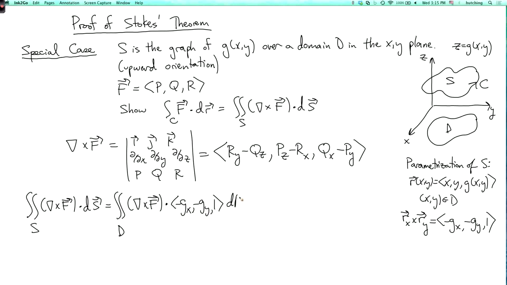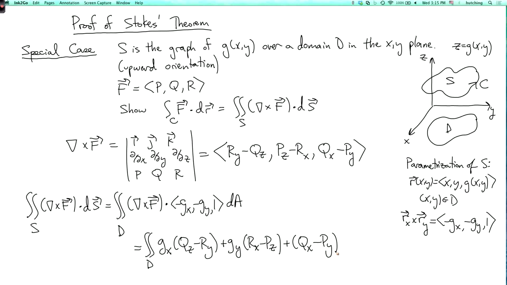So when we expand that out, this is the double integral over D of, so the first term is minus gx times Ry minus Qz, so I'll write that as gx times Qz minus Ry. The next term gives me gy times Rx minus Pz. And then the third term is Qx minus Py. So this whole thing, dA.